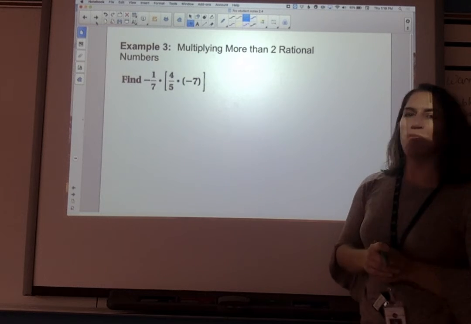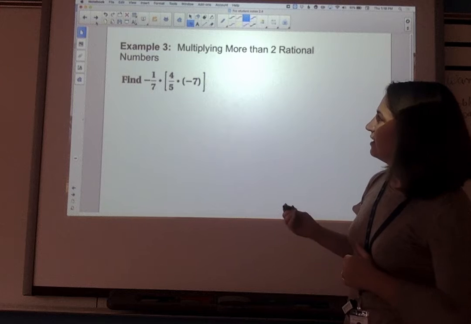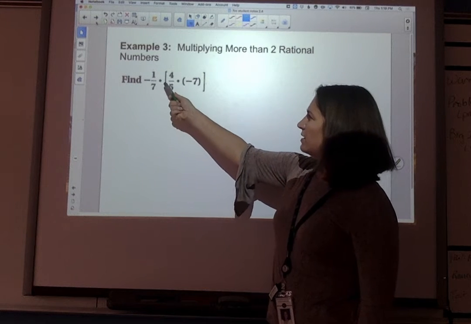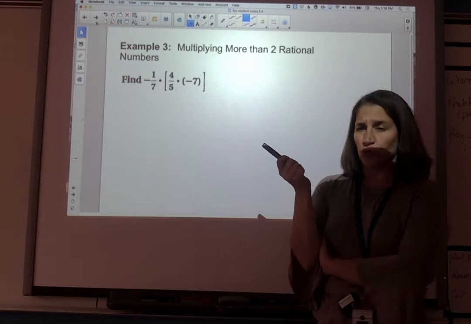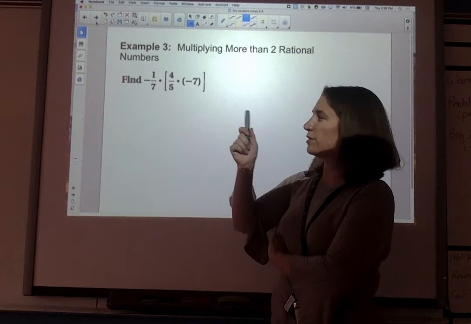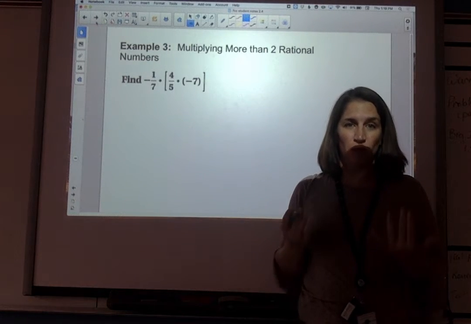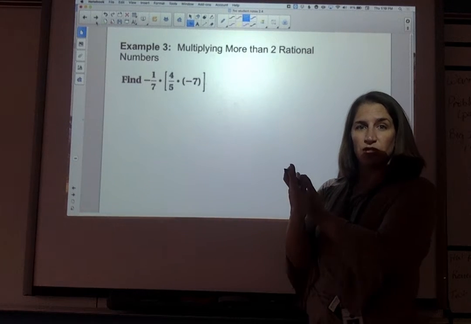All right, now we've got multiplying more than 2 rational numbers. So I can look at this and see that I'm multiplying negative 1/7 times 4/5 times negative 7. Now they've got this grouped that I should multiply this first, but we know with multiplication that it's commutative. It doesn't matter what order we multiply. So we can use our commutative property to switch the order.